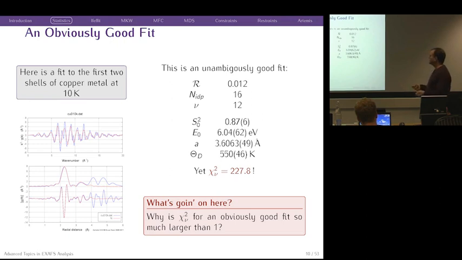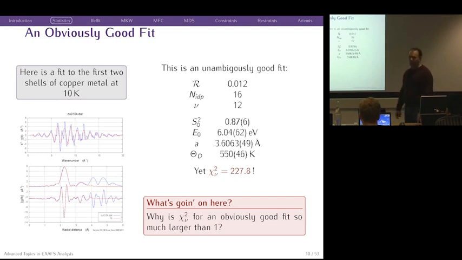So I have this 4-parameter fit to fit 2 shells to copper metal. These numbers are all quite reasonable. That's approximately the right number for the Debye temperature for copper. That's the right value for the copper lattice constant. That's a reasonable number. That's a reasonable number. We have a really close fit, only 1% misfit.